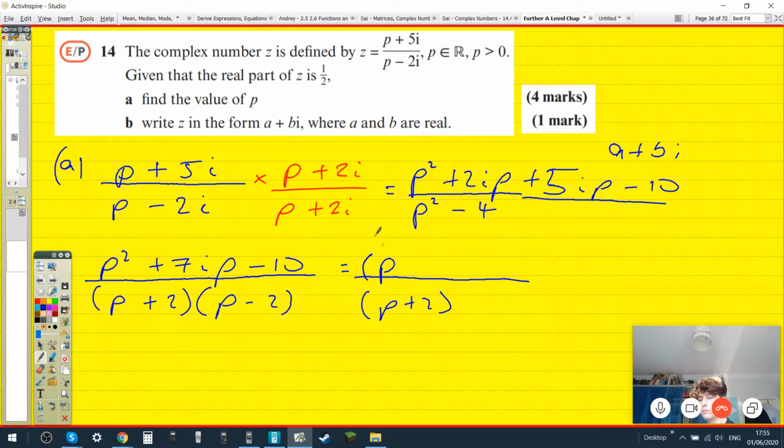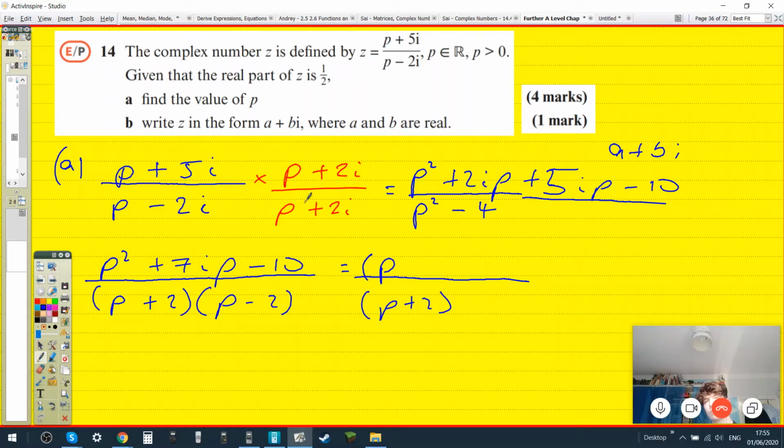What am I missing here? Did we do this right? Okay, we said p minus 2i, p plus 2i, p squared. So I think I'm okay with that one. Then the bottom bit will be p squared plus minus, and then minus 2.